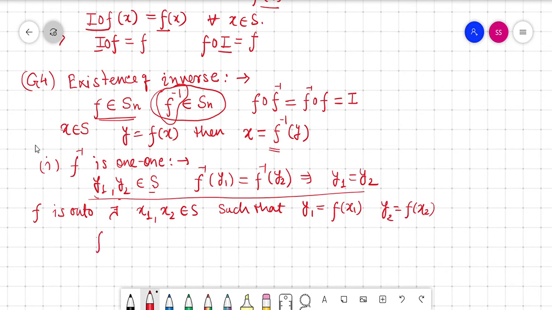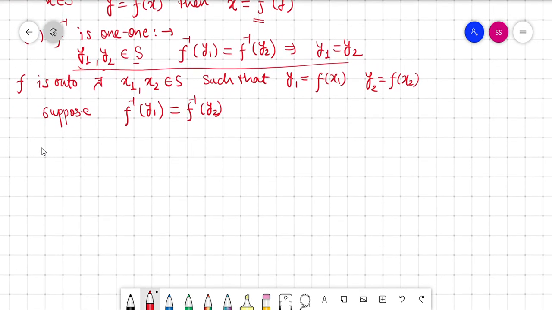Okay. Now suppose f inverse of y1 is equal to f inverse of y2. Okay. So what does it mean? If you see here, y1 is equal to f of x1. Therefore, f inverse of y1 must be equal to x1.